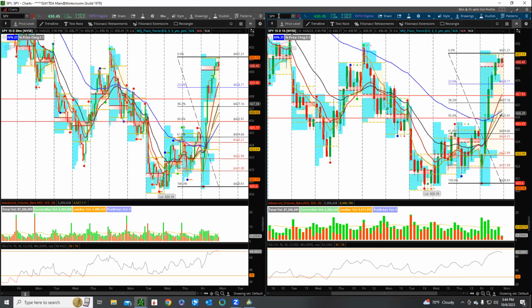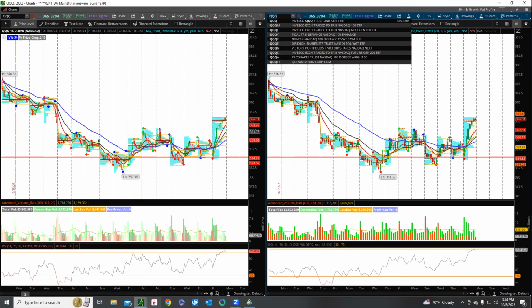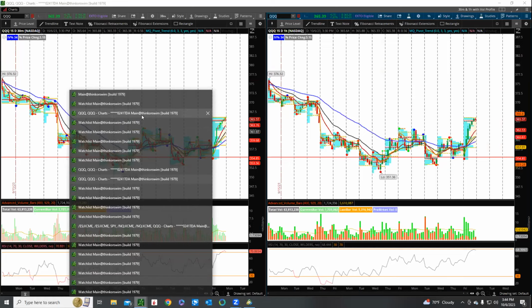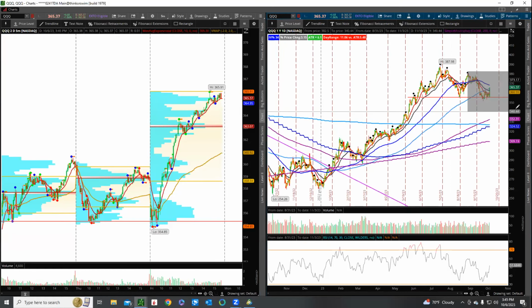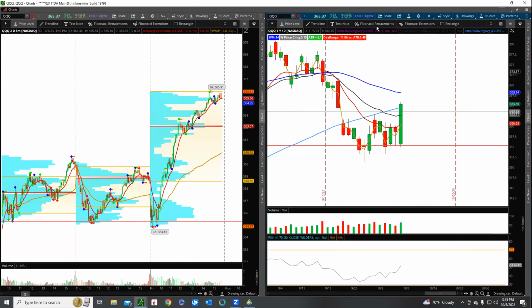Let's look at the Qs. We can just do the Qs quickly as well. Start on the daily. Go back to here. So again, I'm just going to throw on the fib retracement just on today's candle.